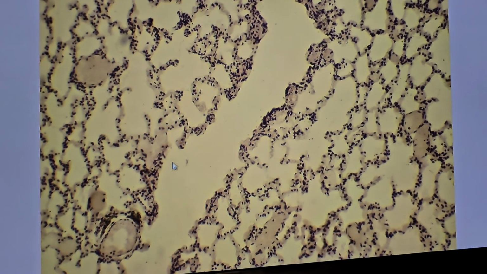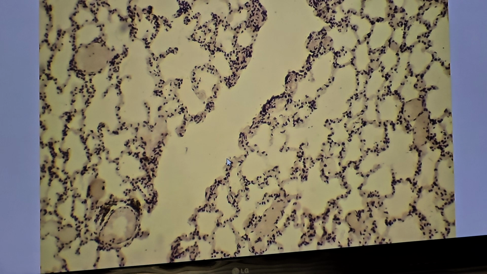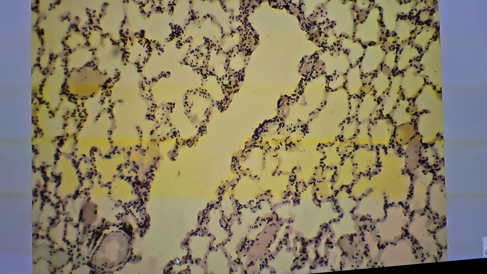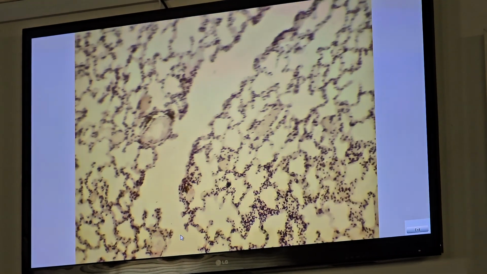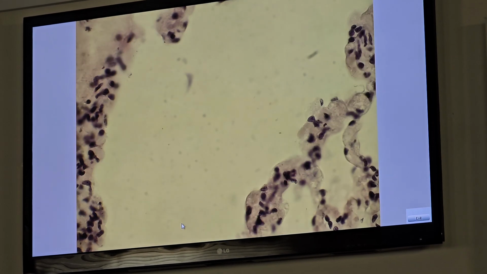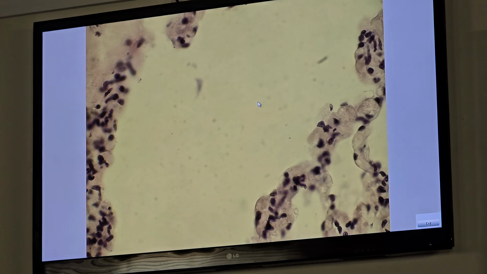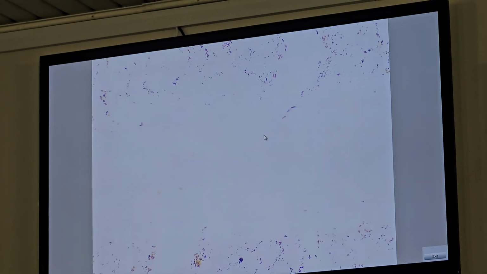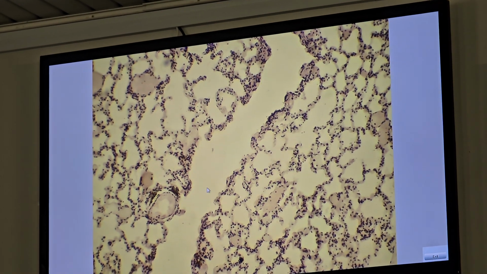Each duct has many alveoli. Do you notice? This is the respiratory bronchiole, and this is the alveolar duct.